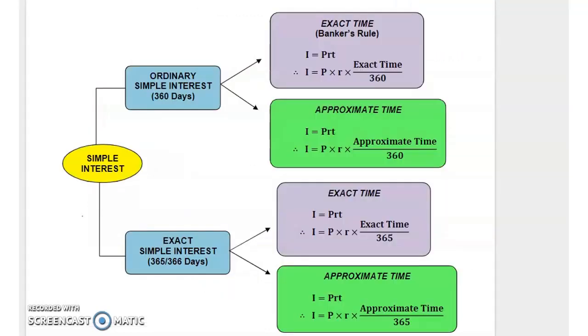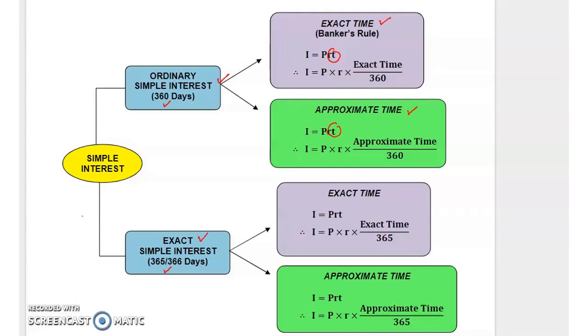Okay, now if you look here, for simple interest, either we use ordinary simple interest or exact simple interest. Again, ordinary is T divided by 360, if exact, T divided by 365 or 366. So in the calculation of time T, either we use exact time or approximate time.